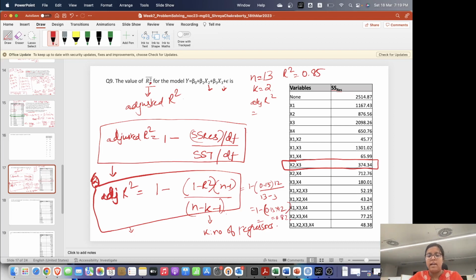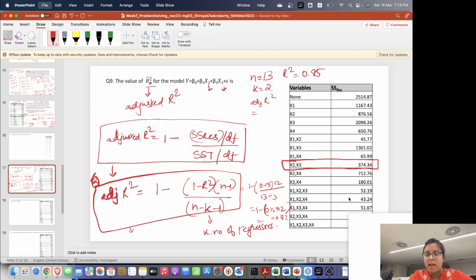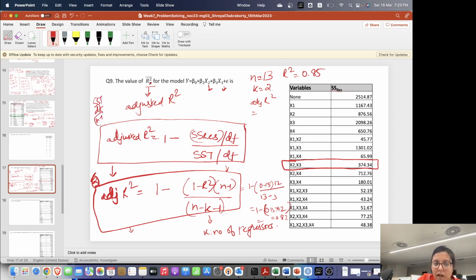The alternative way, if we want to calculate, actually this reduces to this formula finally. But anyway, we will also calculate from this table. Total sum of squares will always have df n minus 1.